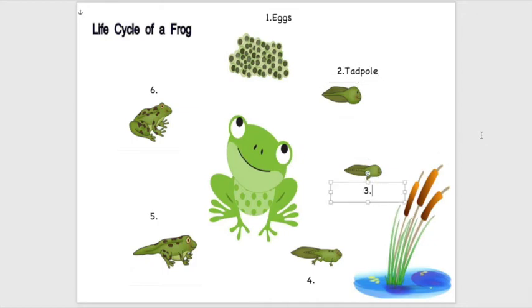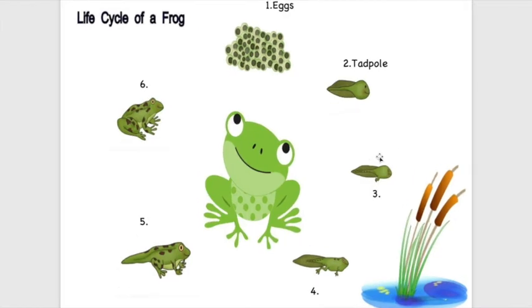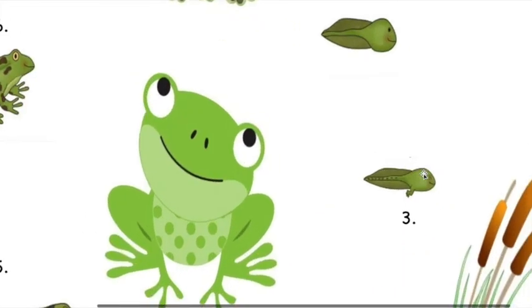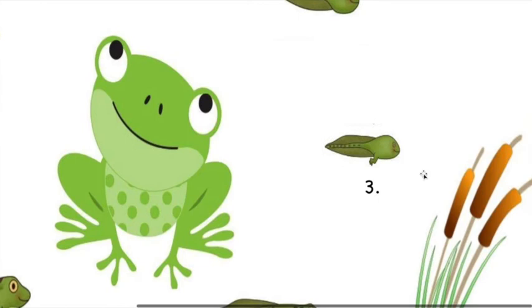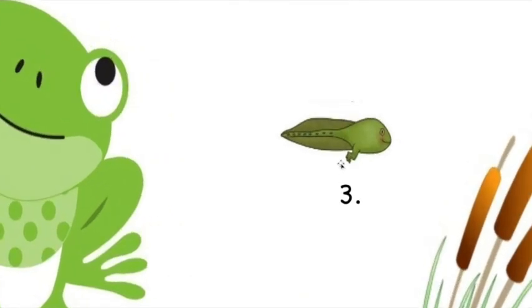Stage 3. Does anybody notice anything different about this picture? What do we see going on down here?